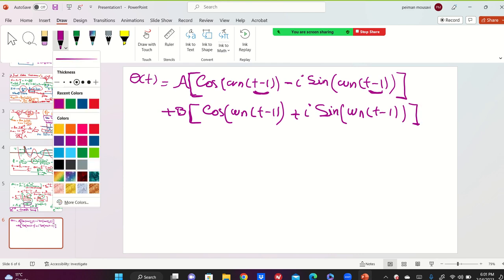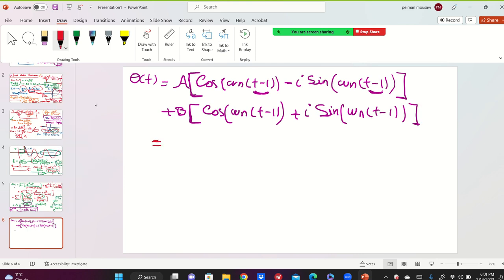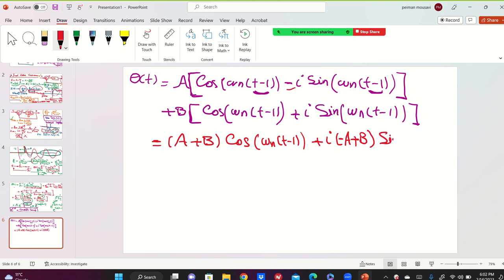And as we did previously, you can do this: (A plus B) cosine omega n (t minus 1), meaning delay, plus i (A minus B), or minus A plus B, sine omega n (t minus 1), meaning delayed harmonic response.